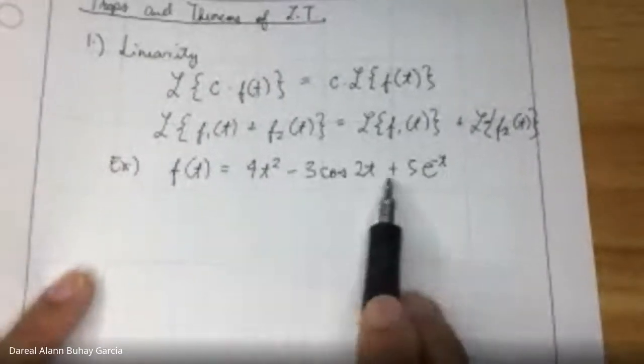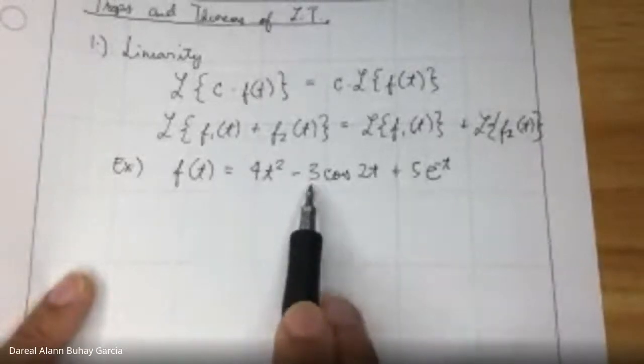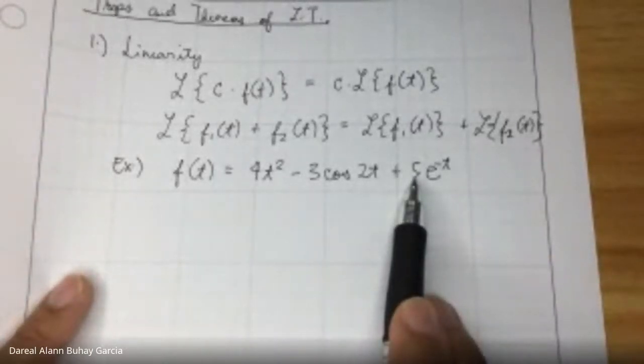So, this is a sum and difference of functions with constant coefficients. What does this look like?